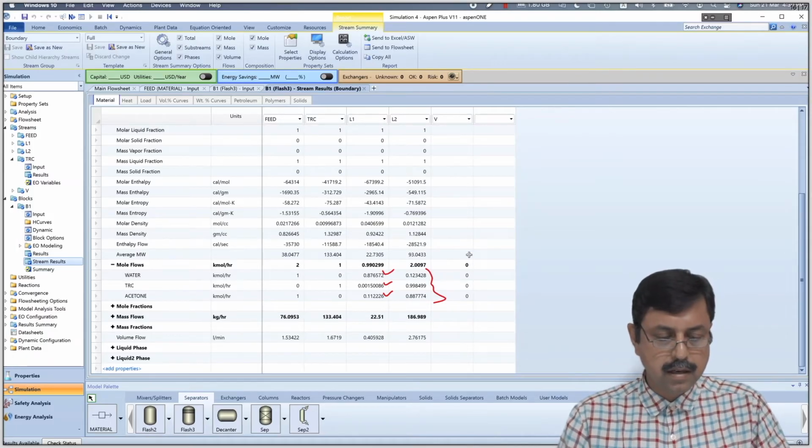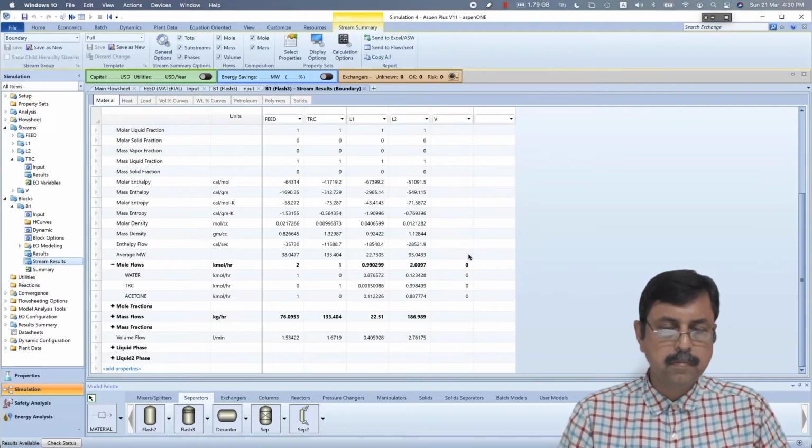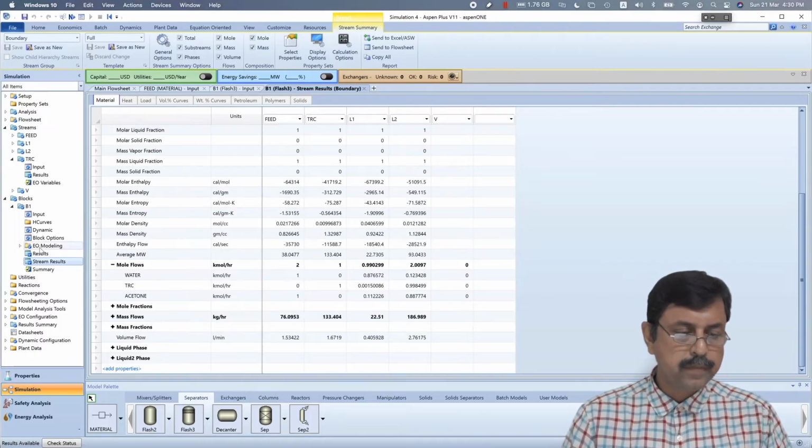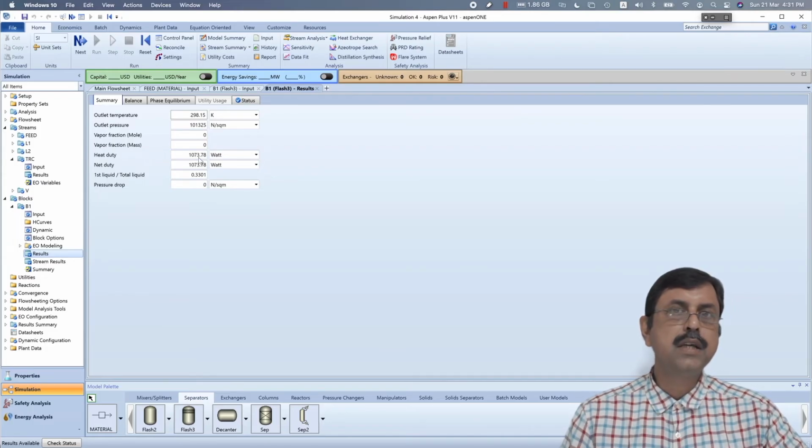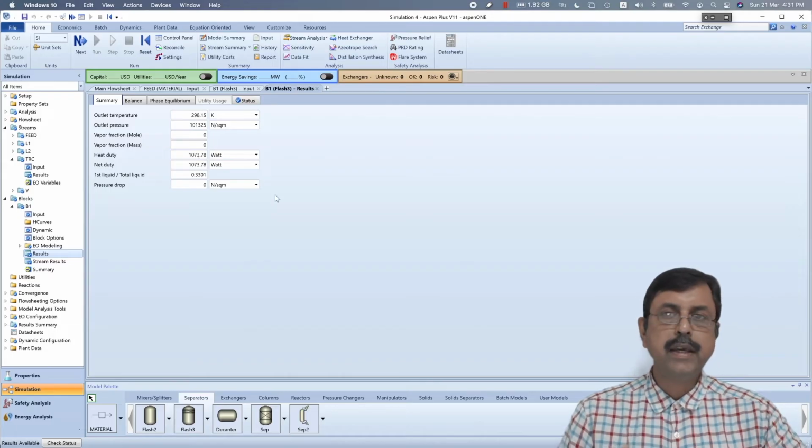And we also have to remember the amount of heat duty. Let us use it in SI unit. So it is nearly 1 kilowatt, 1.073 kilowatt. This is the amount of heat duty that is required for running the system. Okay. Now we keep this information with us.